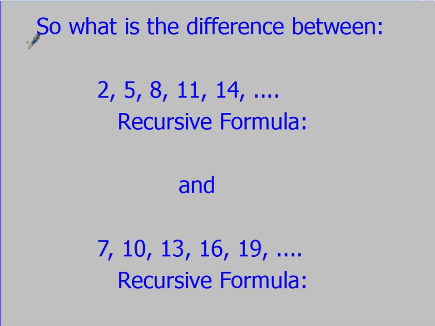Let me show you why it's important, or why the two parts of a recursive formula are so important. My first sequence, the main part of my recursive formula, a sub n, to get any term in the sequence, I take the term before, and what's my common difference?